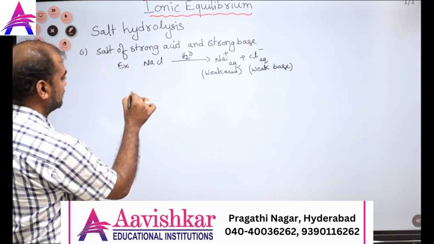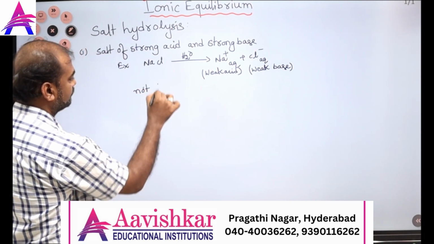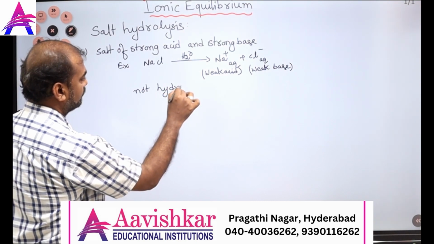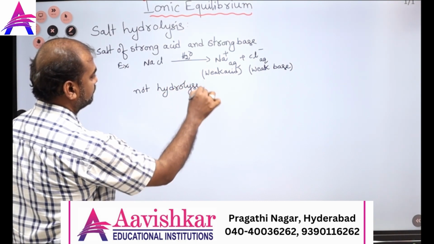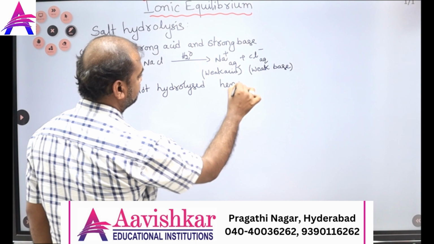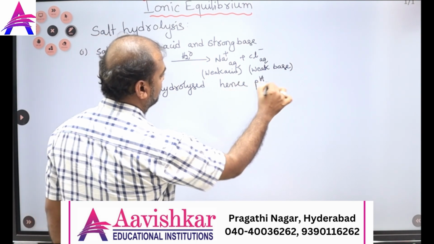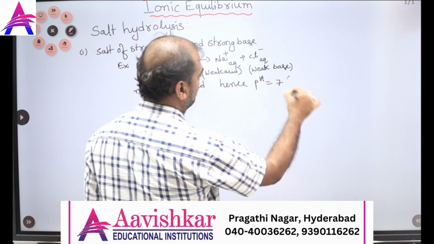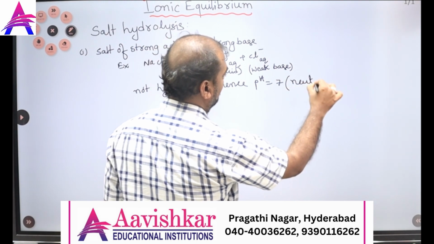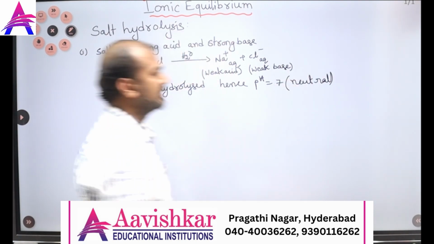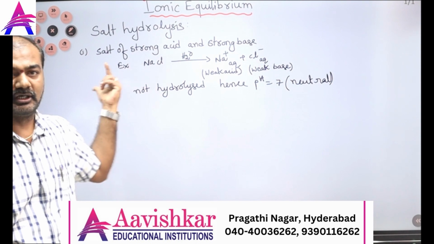This point is important. Hence pH is equal to 7 and it is said to be neutral.